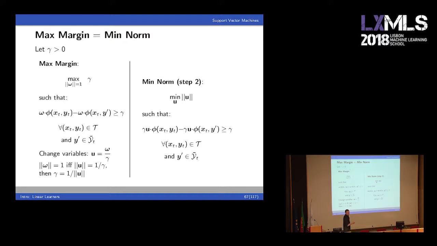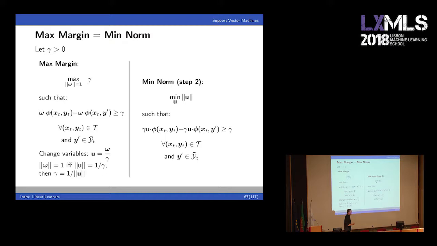And this is one of the interesting things. When people see this standard form for the first time, they ask, why does the margin have to be 1? Well, it just falls out of this reparameterization.